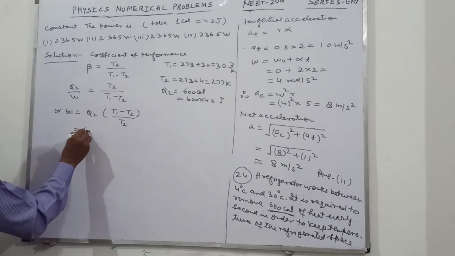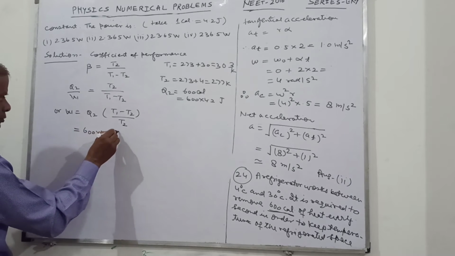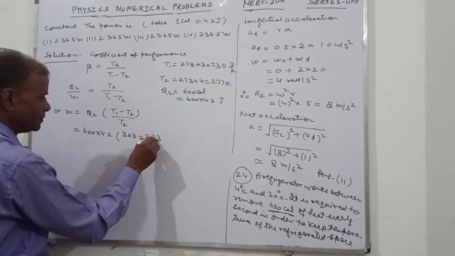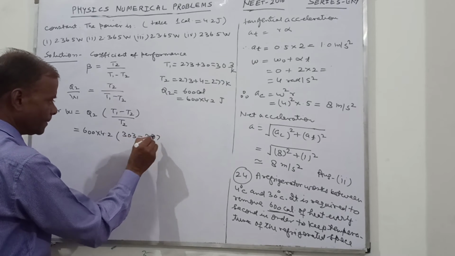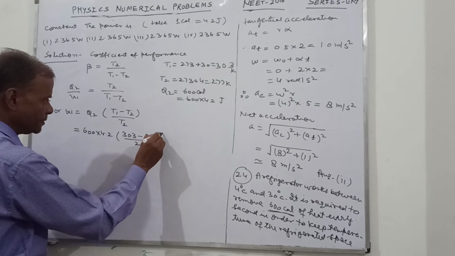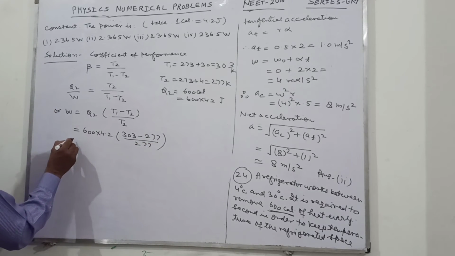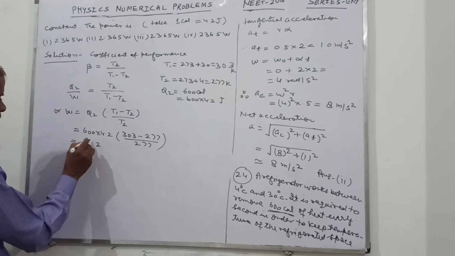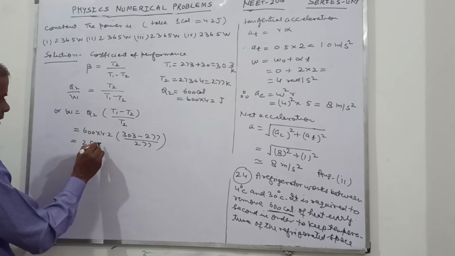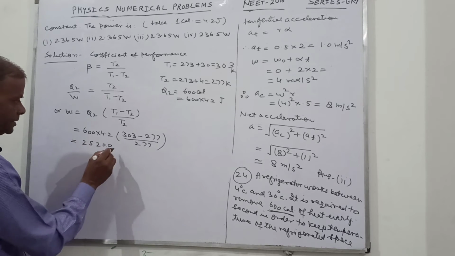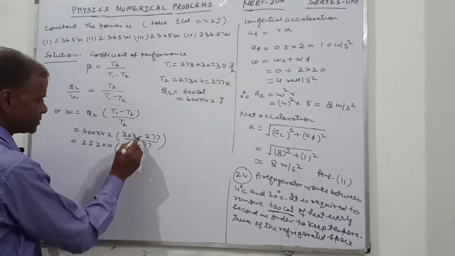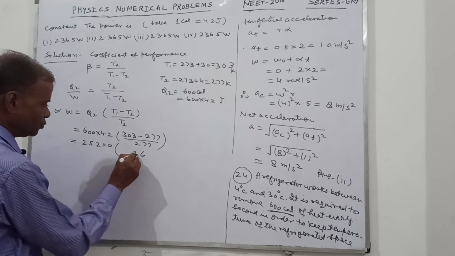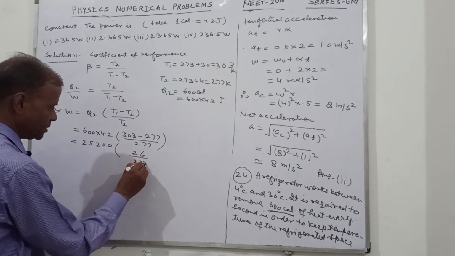So now put these values, 600 into 4.2, and this is your 303 minus 277 upon 277. So you will get this 2520 into 26 upon 277.